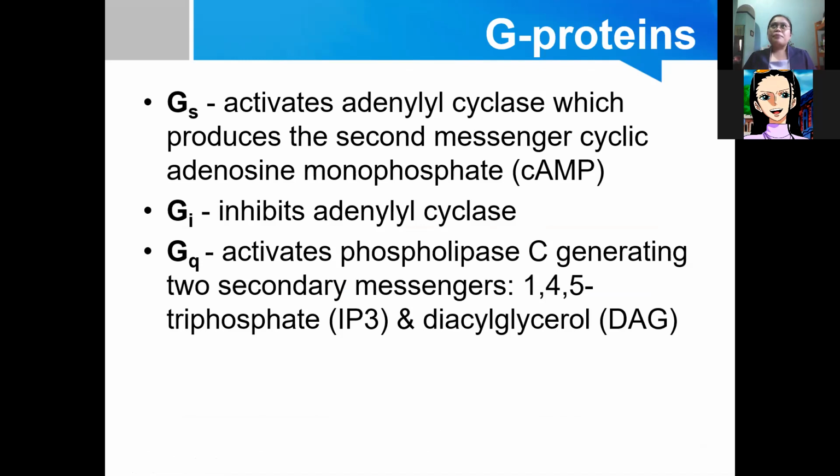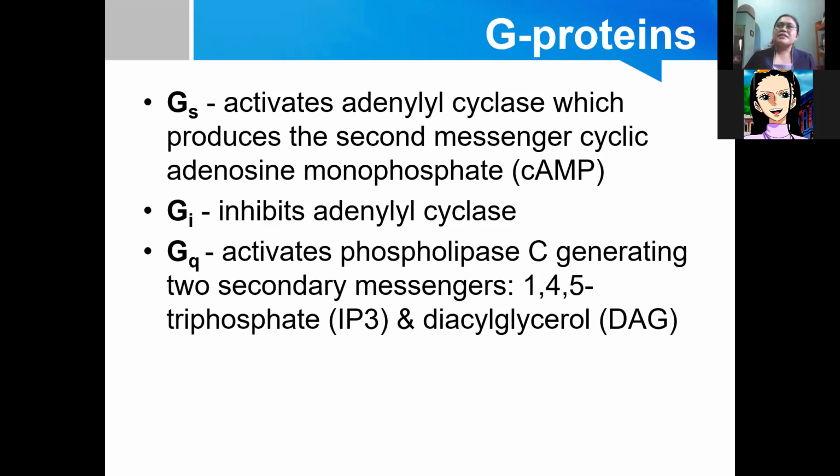Kapag GI na protein ang na-activate, it means it will inhibit the adenylyl cyclase and there will be no production of the secondary messenger. And then the third one, the GQ. So lahi na enzyme iyahang ma-activate, that is the phospholipase C, and it will result to two more secondary messengers. We have the IP3 and the DAG.